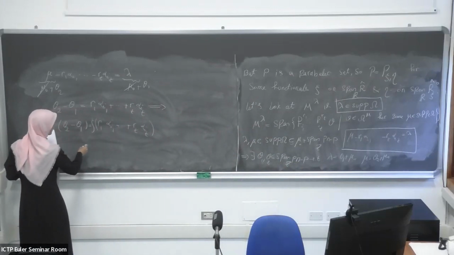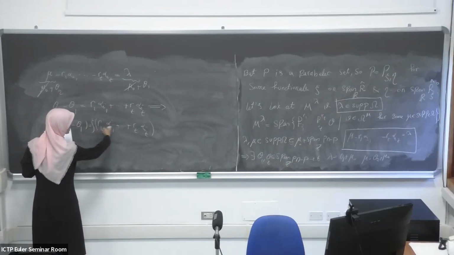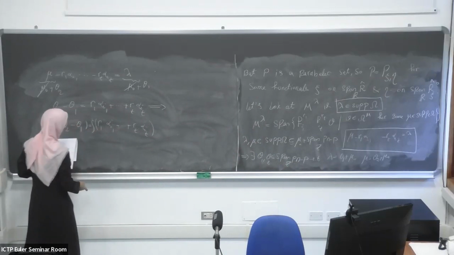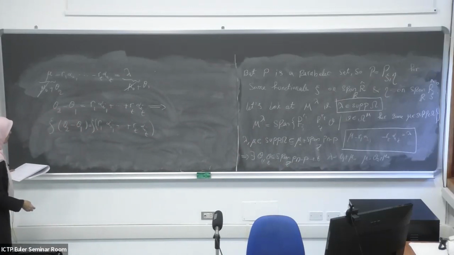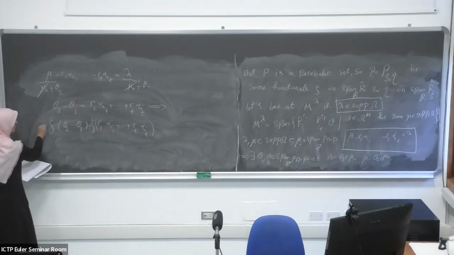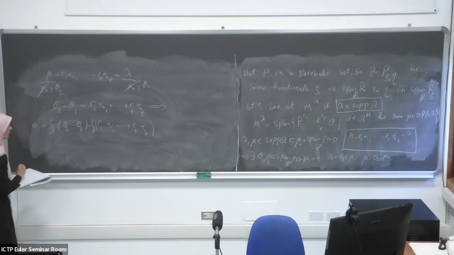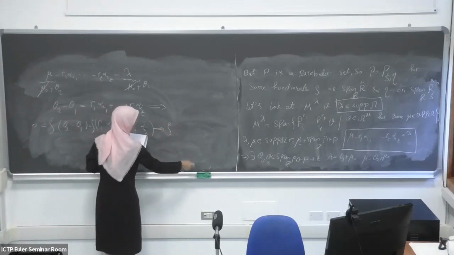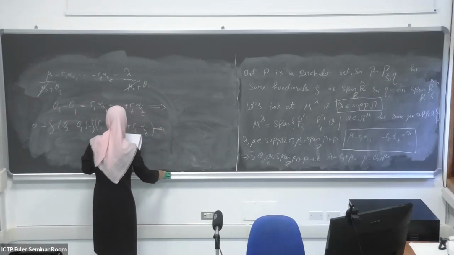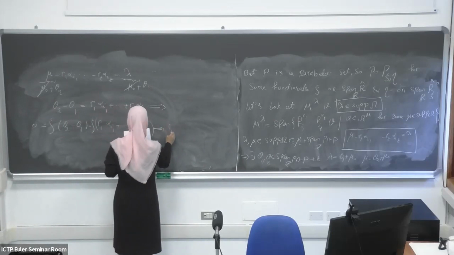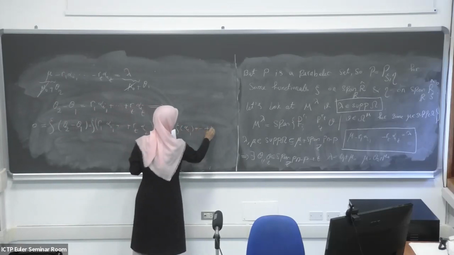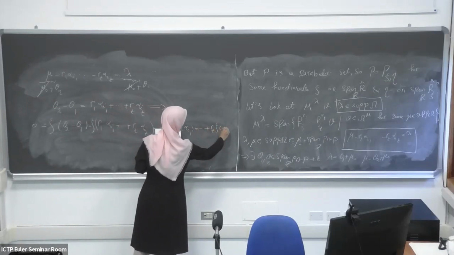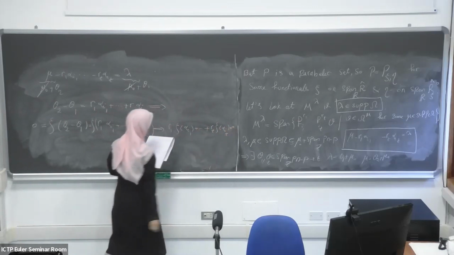So we get that this part also must be 0, and this part is 0. And it gives us that R1 zeta alpha I1 plus RT zeta alpha IT is 0.